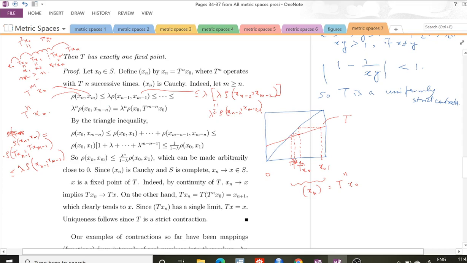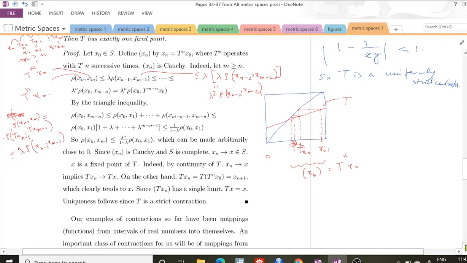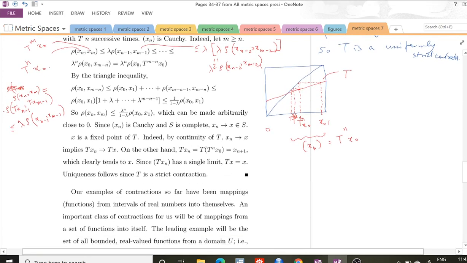And then note that this distance between x naught and x_{m-n}, using the triangle inequality, is less than or equal to the sum of distances between x naught and x1, x1 and x2, x2 and x3, all the way to here.